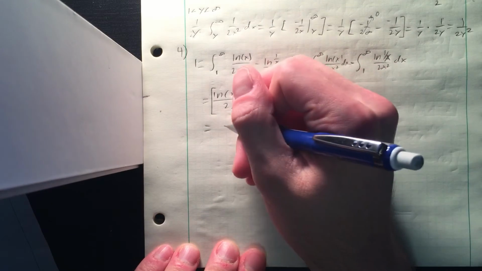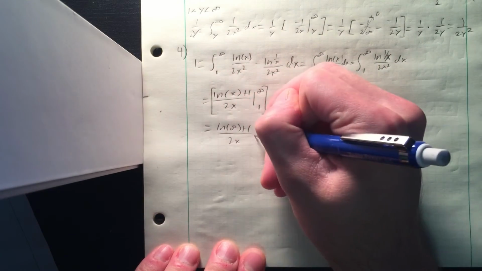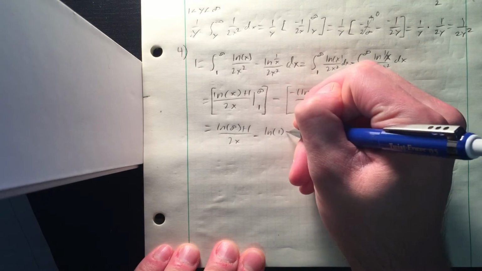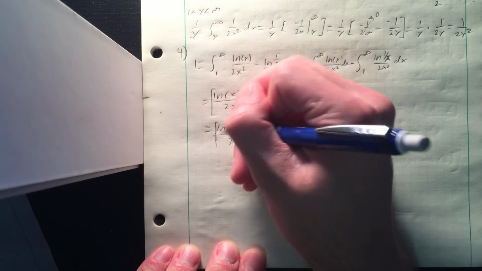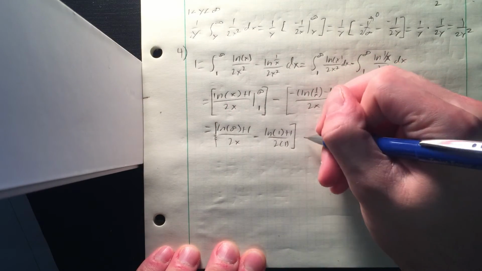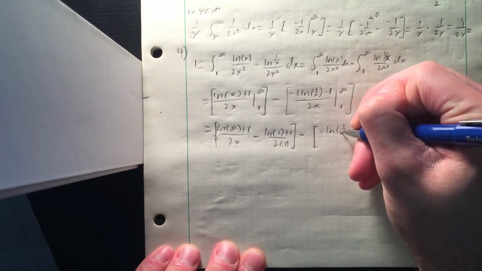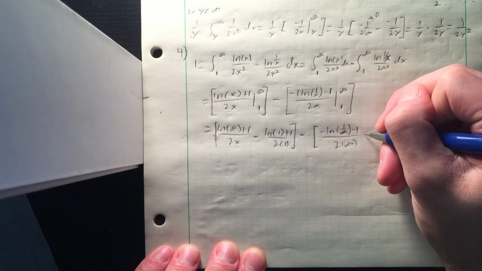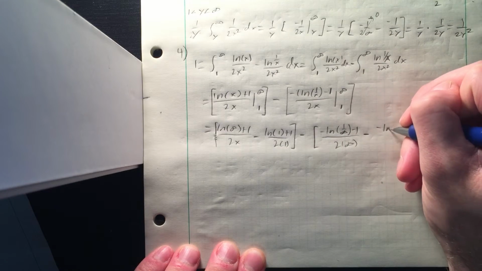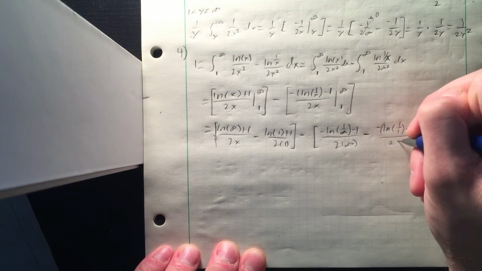So this will become ln of infinity plus 1 over 2x minus ln 1 plus 1 over 2 times 1. Subtract negative ln 1 over infinity minus 1 over 2 times infinity. Subtract ln 1 over 1 minus 1 over 2 times 1.